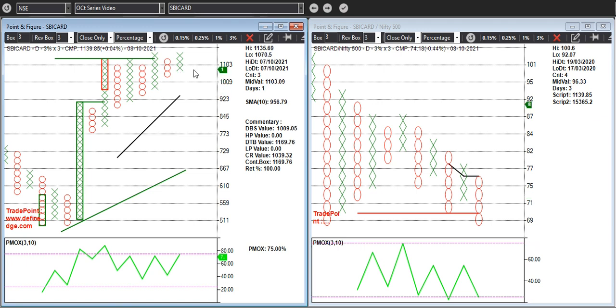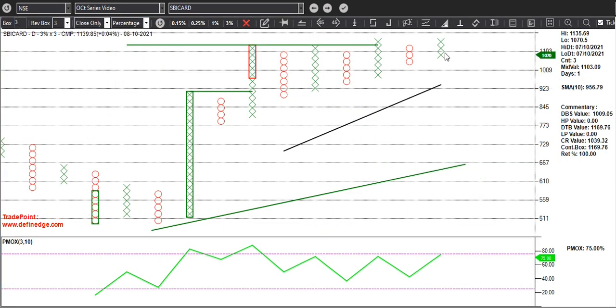Though the price chart is showing some bullishness, I would not trade this unless I see the relative strength going up above the SMA. But if somebody wants to know the levels, the double top buy is at 1170 and the stop loss is 1000.